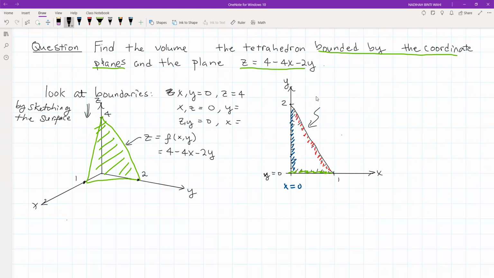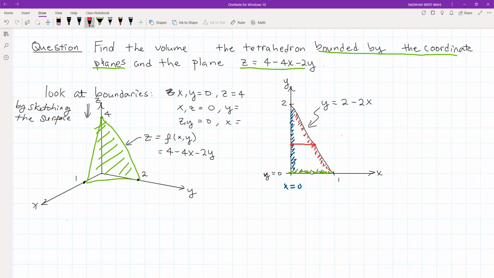Okay, so if we look here, what's the equation line? So the y-intercept is 2, and then the slope is negative 2x. So this is type 1, right? Type 1 because we can see that if you pick one value right here, x goes from 0 to this function.